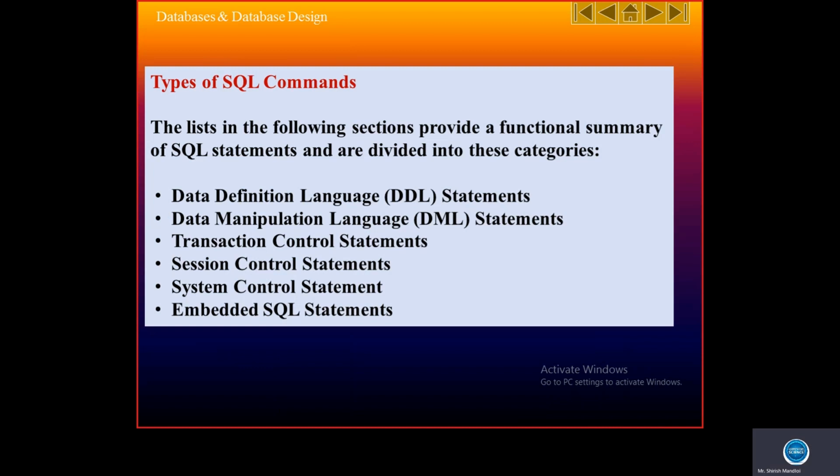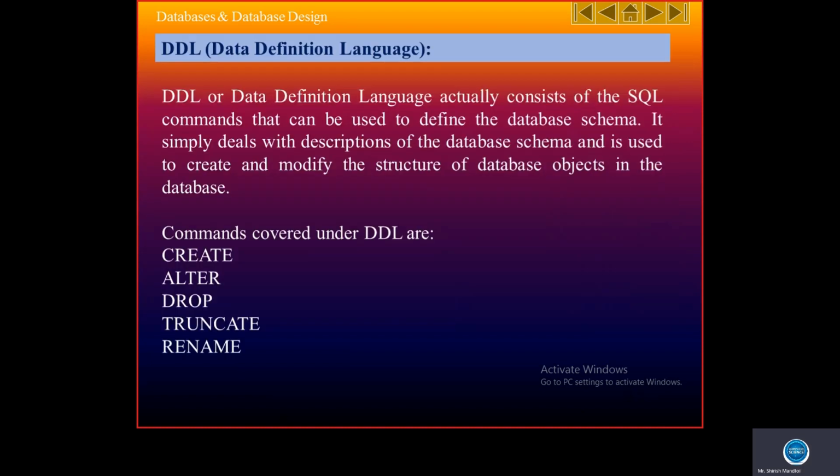Types of SQL commands: data definition language, data manipulation language, transaction control language, session control statement, system control statement, and embedded SQL statement. These are the categories in which SQL statements are divided. Now, what is a DDL statement?